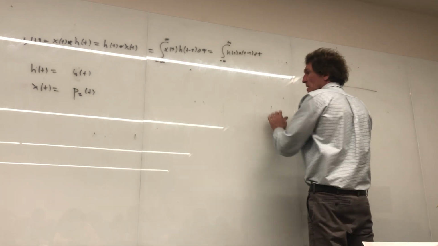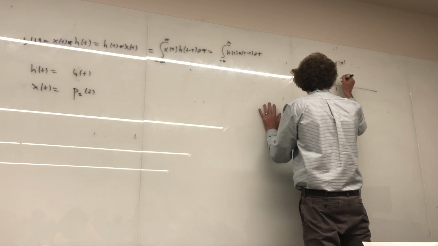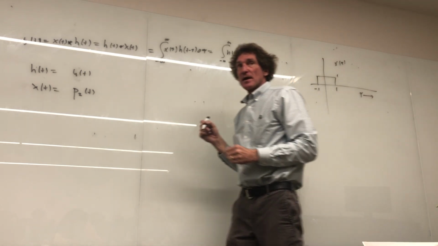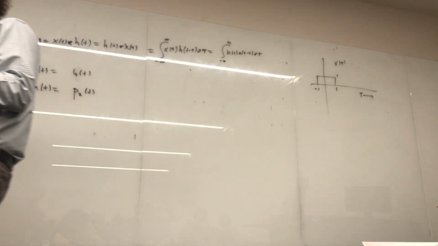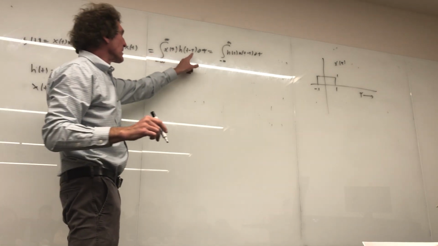So this one looks like this. It's -1 to 1, has a height of 1. This axis is tau. Does everybody see that? I've simply replaced t by tau. This is the one that I'm not going to have any crazy argument here.